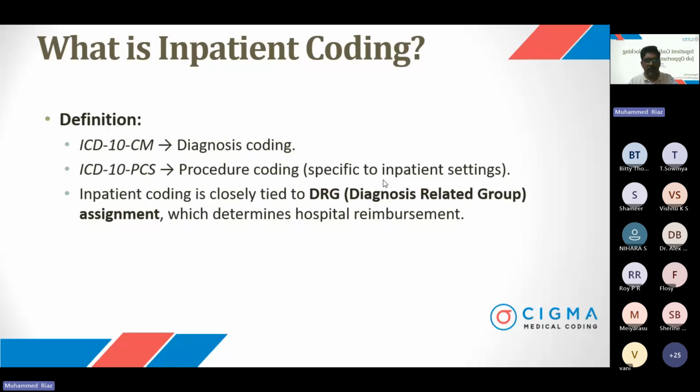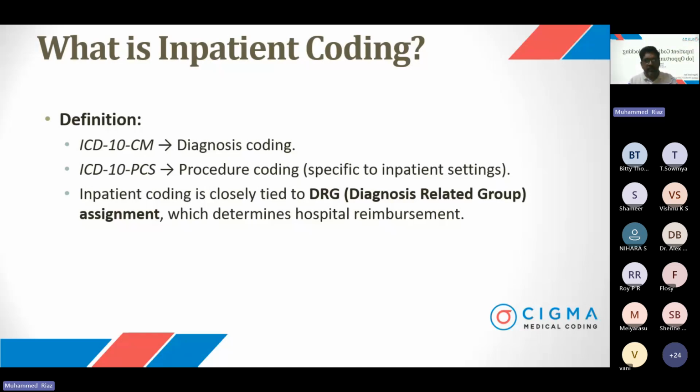For example, the patient is admitted on September 1st and discharged on September 10th. The bill for the entire 10 days is calculated based on this coding system. That is the preface, or just an idea about inpatient coding.